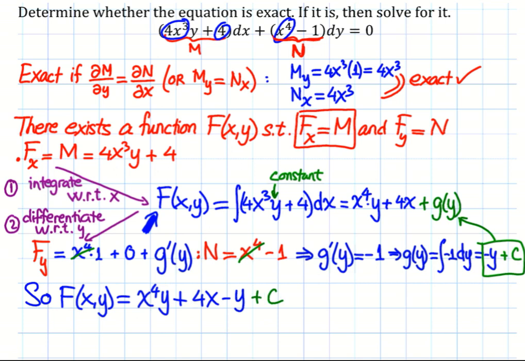Now the solution is we have a potential function that equals a constant, and if we subtract the c in green from that side, we have another constant on the other side. So in that case, we write the solution as follows.